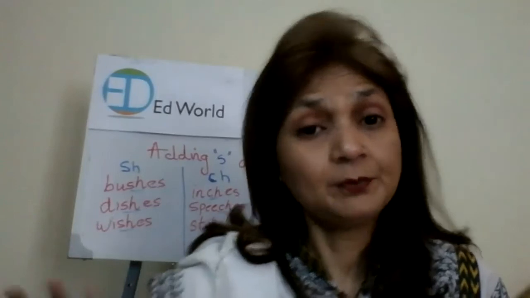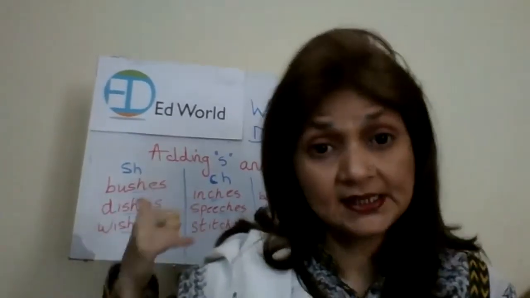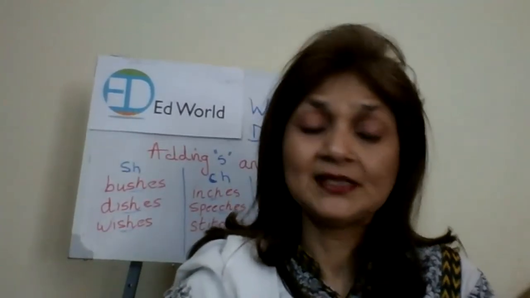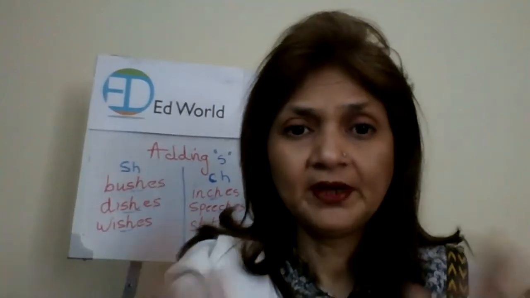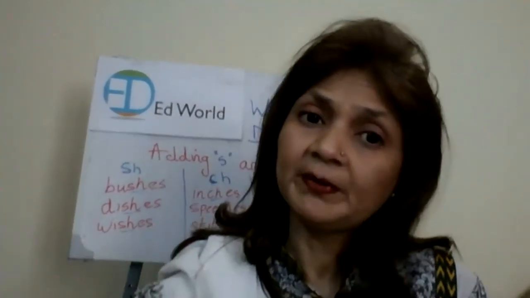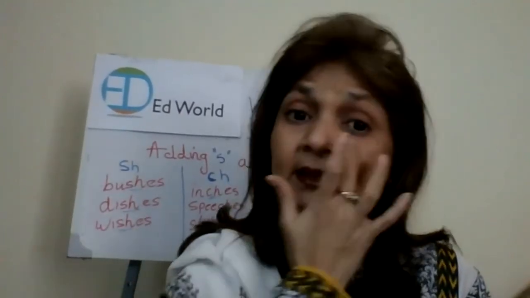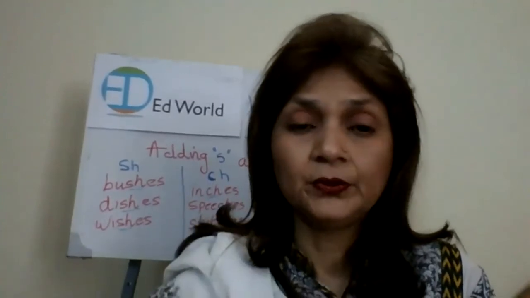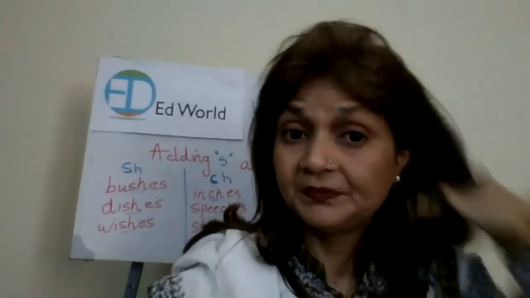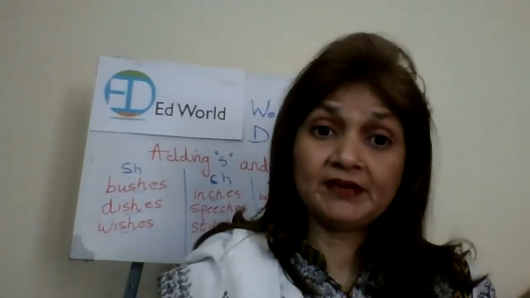So that means this topic of making plurals by adding s and es is very clear to you, right? Now I'm going to say some words, and you are going to tell me how I am going to make it plural, by adding s or by adding es. All right? Okay. First word of mine is tax. Taxes. Then what have you added here?